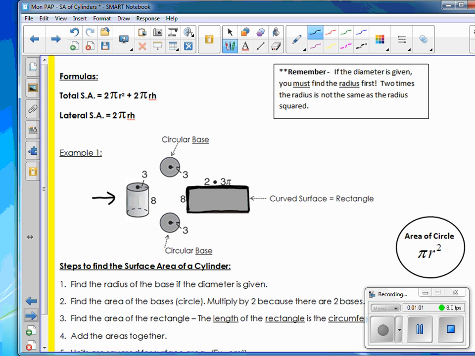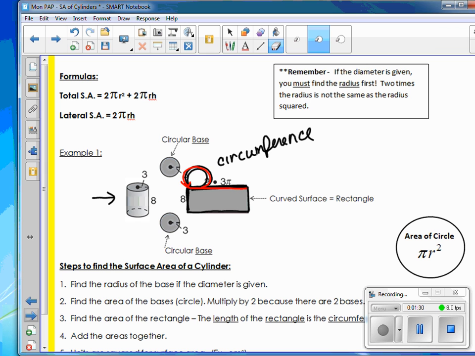Now, if you imagine this cylinder folding back up, this circle would go here. And imagine that this piece would wrap around this piece. So this right here would end up wrapping all the way around this. And when we wrap all the way around a circle, that's what we call circumference.